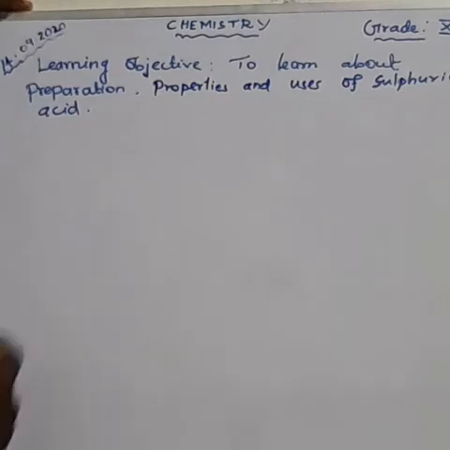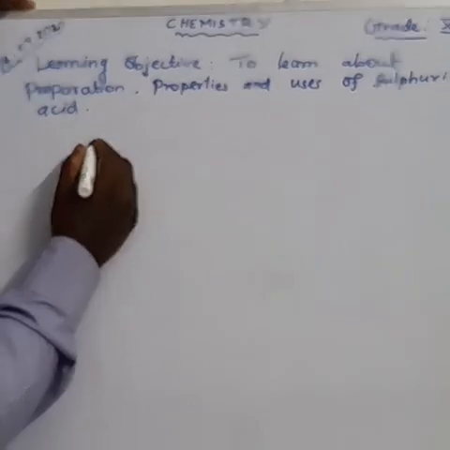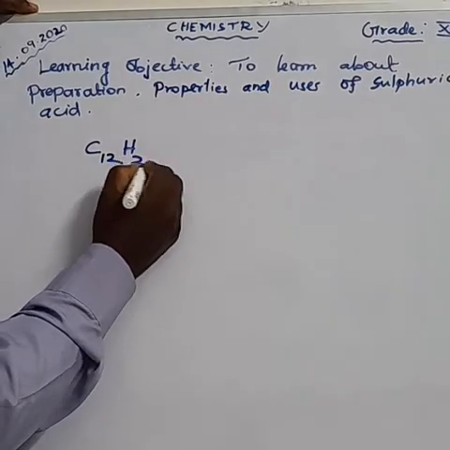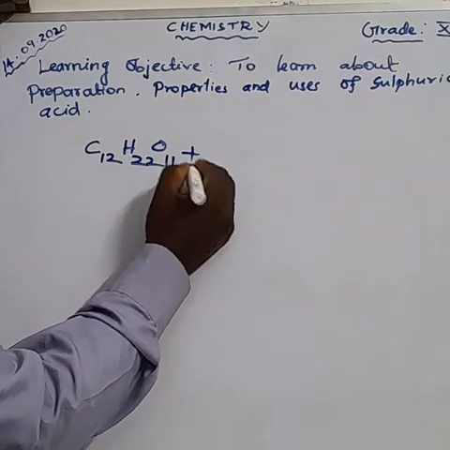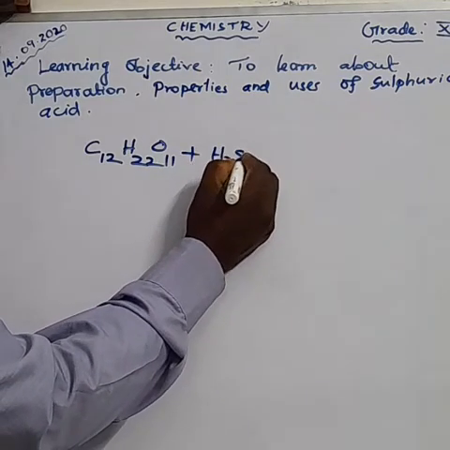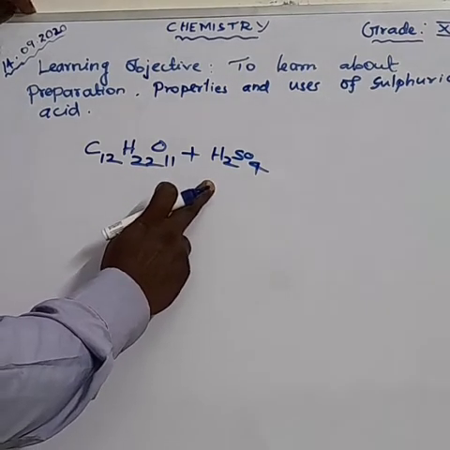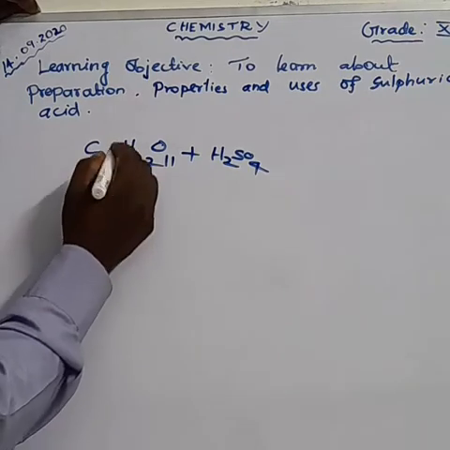How can we explain it? We take sucrose, whose formula is C12H22O11. It reacts with sulfuric acid. I told you that sulfuric acid is a dehydrating agent, that is, it removes water.